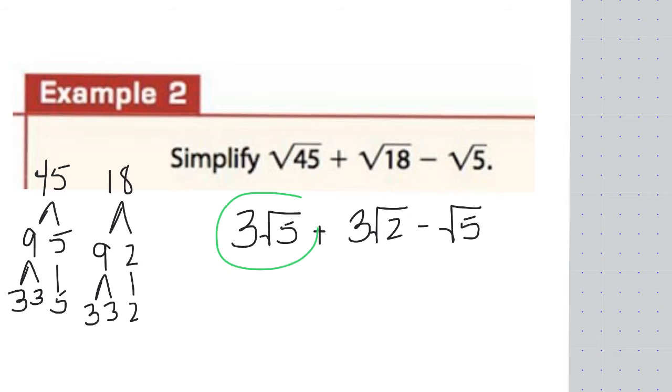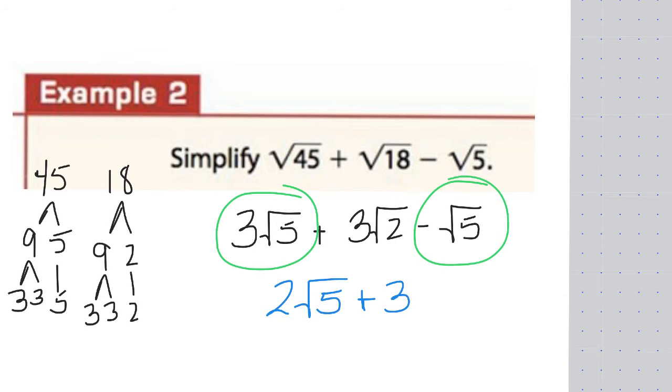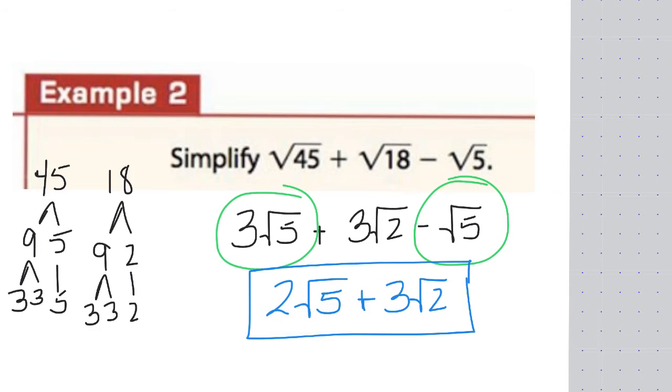I've got 3 square roots of 5 minus 1 square root of 5. That leaves me with 2 square roots of 5 plus 3 square roots of 2. I can't combine those, so I am done. Unless your problem says get a decimal approximation, which this one does not, so we are done.